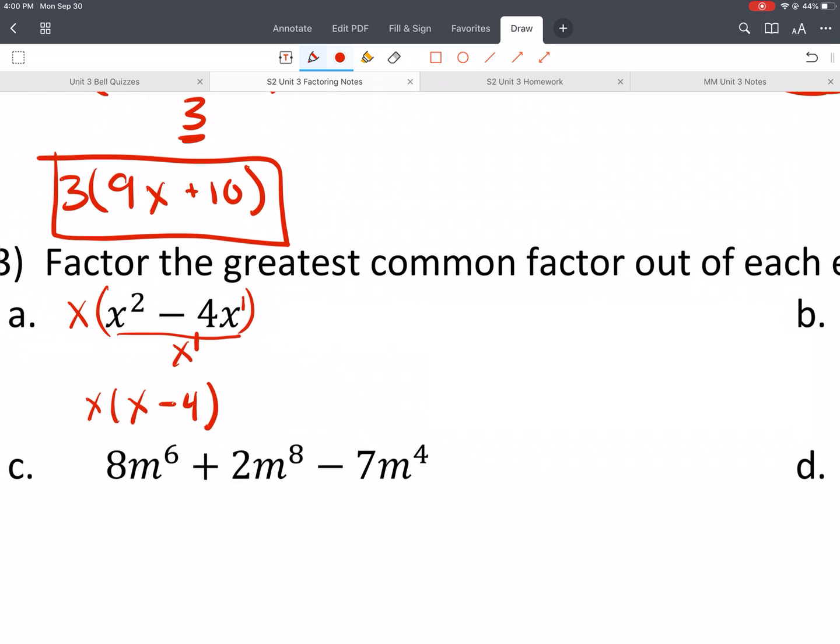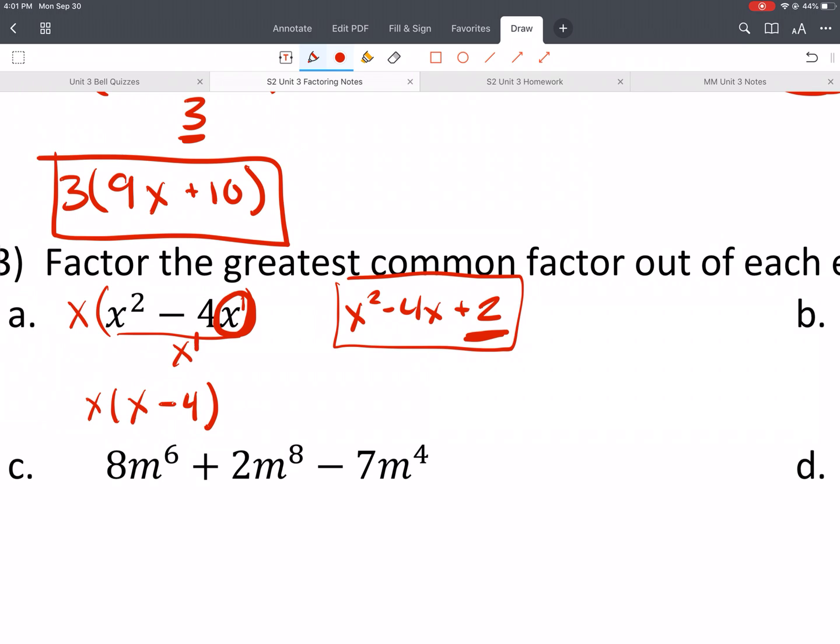One of the tricks is that our GCF for our variables will always be the smallest exponent. If we have a problem like x squared minus 4x plus 2, the smallest term has no x's there, so we wouldn't be able to take any x's out. We couldn't factor out a GCF for this kind of problem, because there's not a number or a variable that we could factor out.